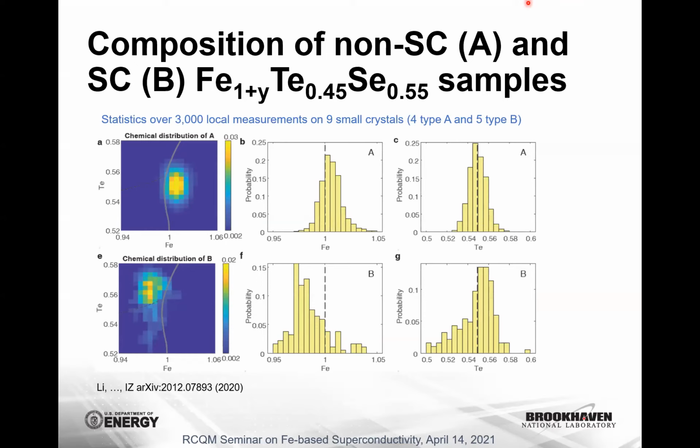No. The sample B, which is well superconducting and turned out to be slightly iron deficient according to our measurements, was just as made. It's just the optimized initial composition. They did some research to optimize the composition such that well superconducting samples can be grown. So we did not do any post-processing to this sample.